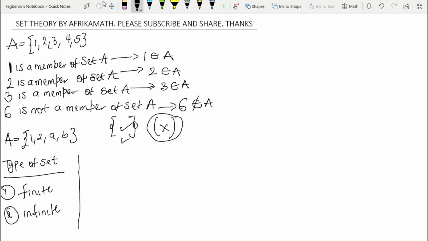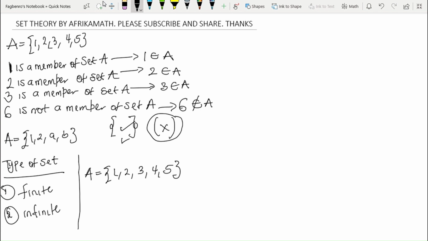A finite set is a set that has an end. For example, let's say you have set A to be 1, 2, 3, 4, and 5. You will see that my set A starts with 1 and ends with what? With 5. So we can refer to this set as a finite set.